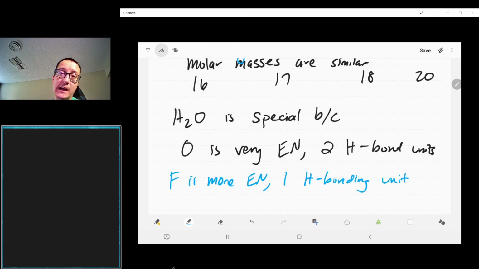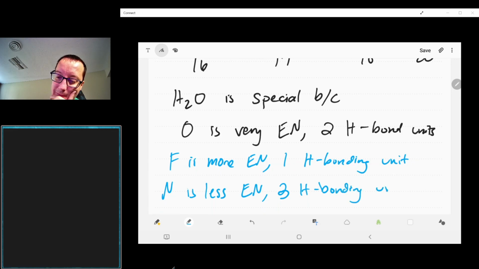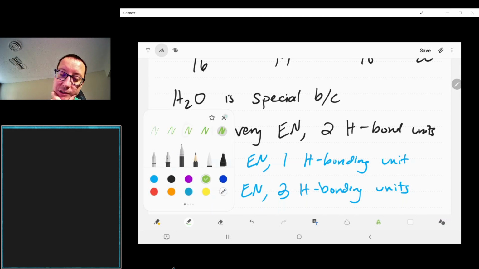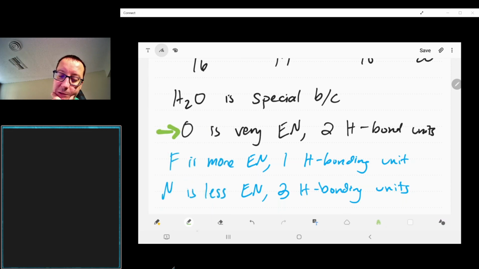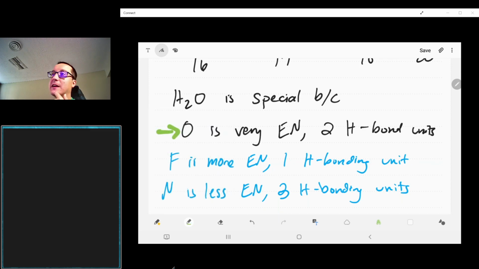It only has 1 hydrogen, right? And nitrogen, on the other hand, is less electronegative, but it has 3 hydrogen bonding units. So it turns out that the winning combination is kind of your middle ground, with really thick ink there. That's going to be the winning combination.